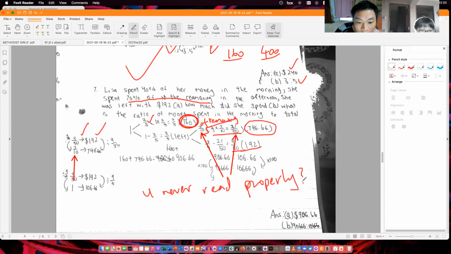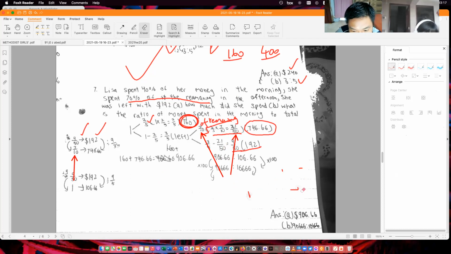Okay. So next time, what I suggest you is, do you have a highlighter? Yeah. Okay, good. So next time, let me erase. So once you draw the branch, you know what I suggest you do? Once you draw the branch, let me get rid of all the drawing first.